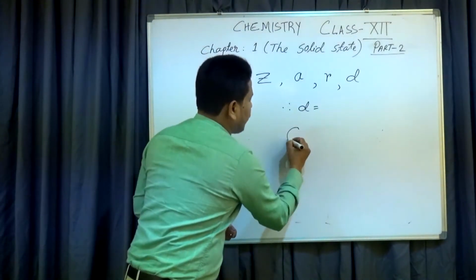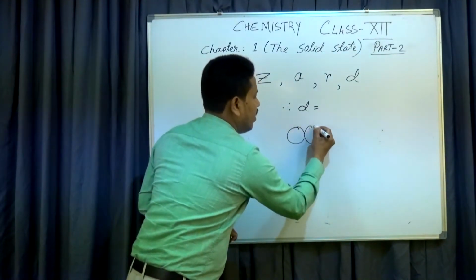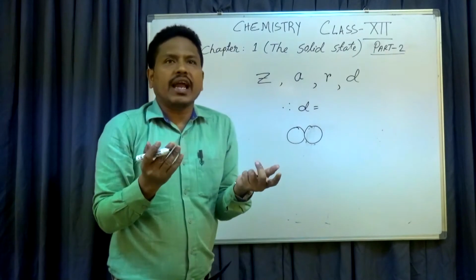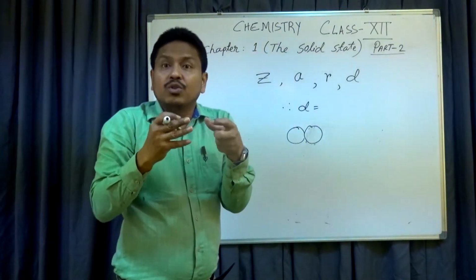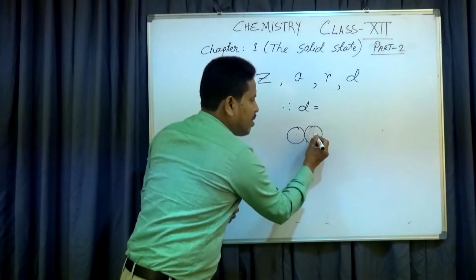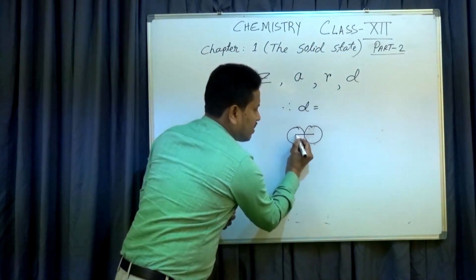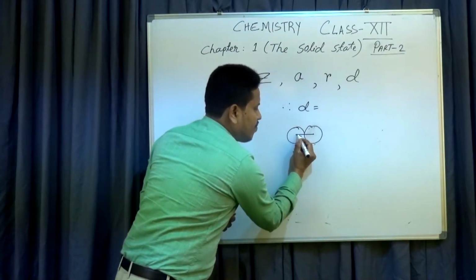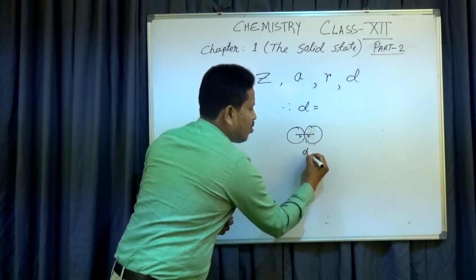So clearly D equal to what? Whenever two atoms, like two spheres, are in contact, you know, in solid state atoms are packed. So nearest neighbor means those two atoms which are touching. Then the distance between the two nuclei, from this center to this point, is the radius of this atom, and from this point to this, the radius of the other atom.